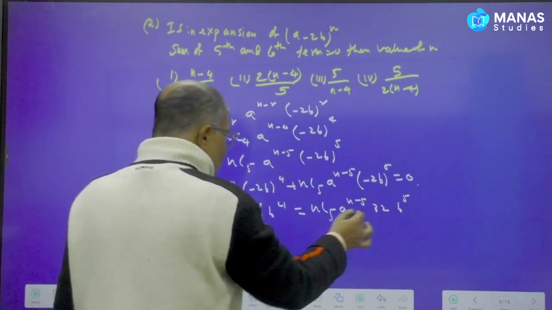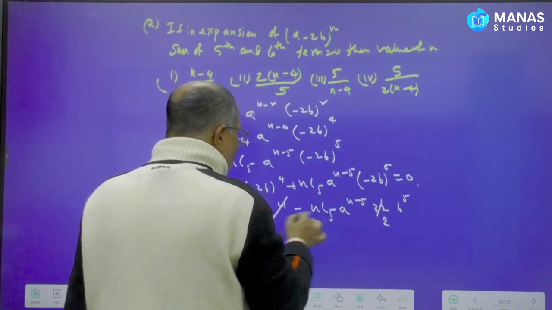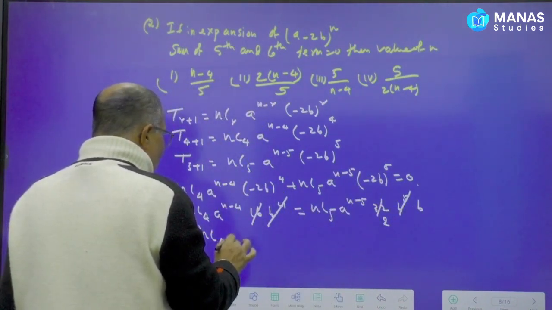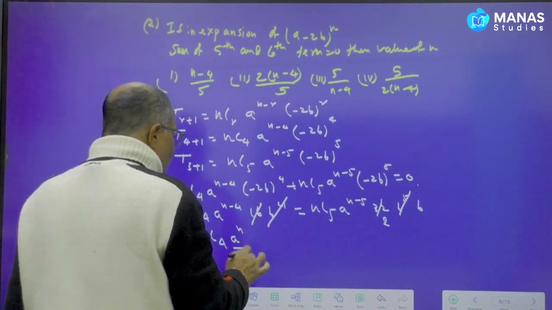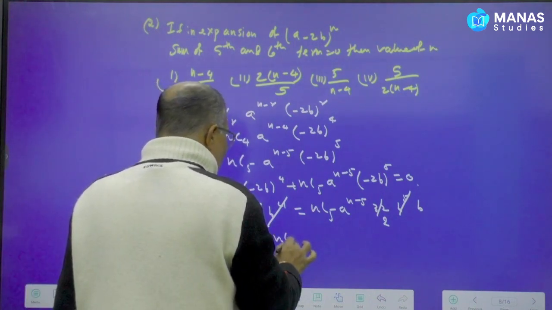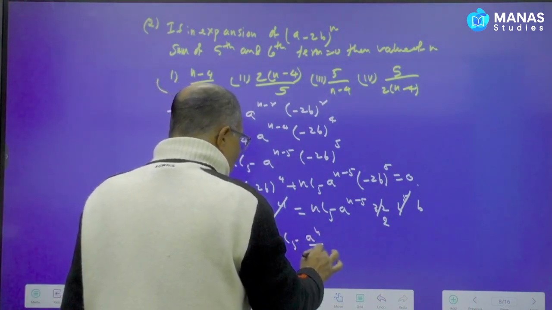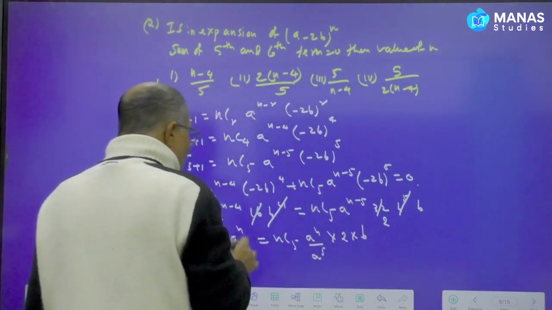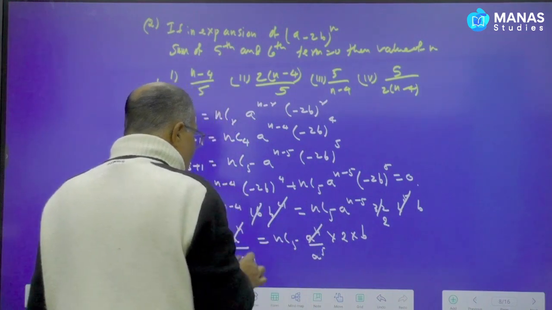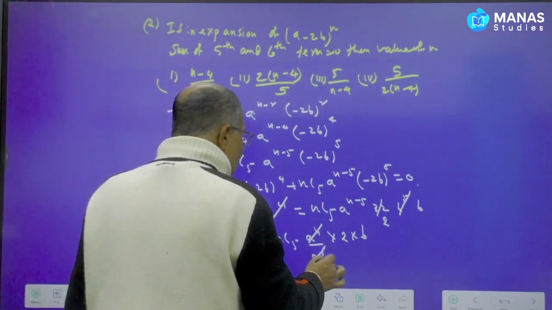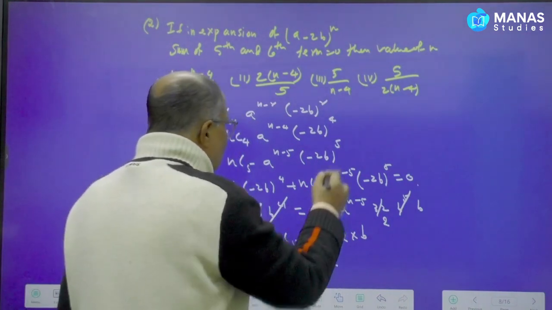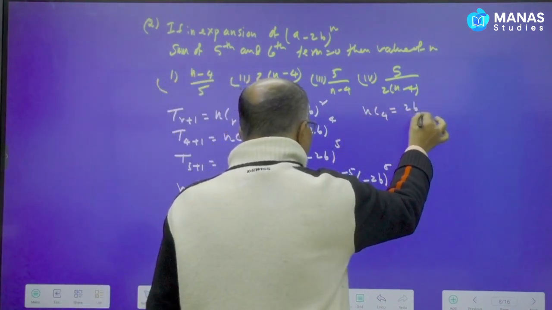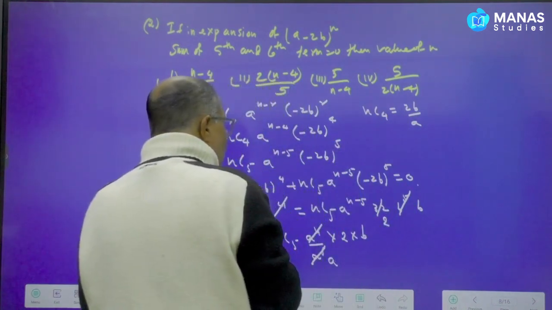Now 16 and 32 get cancelled, b^4 and b^5 get cancelled. Now we get nC4 a^n / a^4 = nC5 a^n / a^5 multiplied by 2b. a^n and a^n cancel, a^4 and a^5 cancel. Therefore nC4 = (2b/a) nC5.